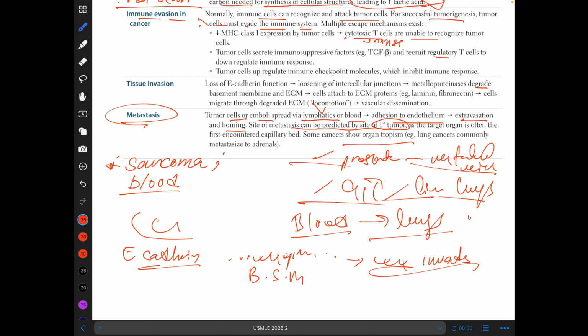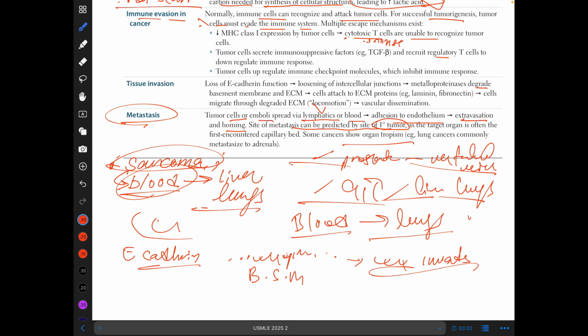Secondly, veins have thin walls, so they can easily penetrate and are the most common sites of hematogenous spread. So sarcomas spread through blood, and if any cancer is spreading by blood, it most commonly goes to the liver or lungs.